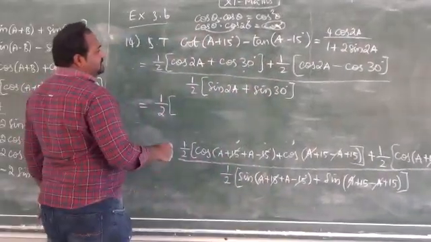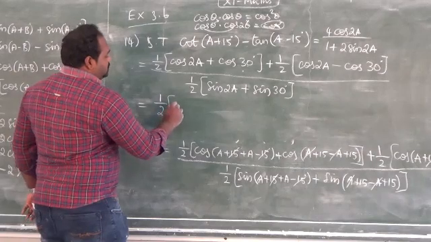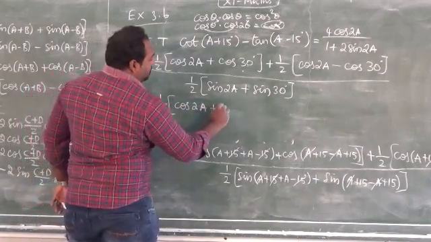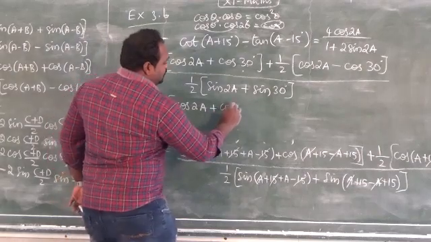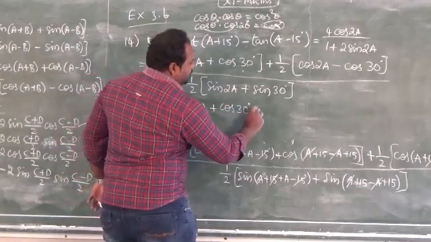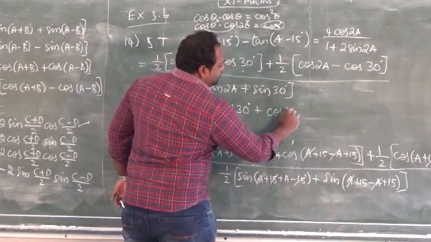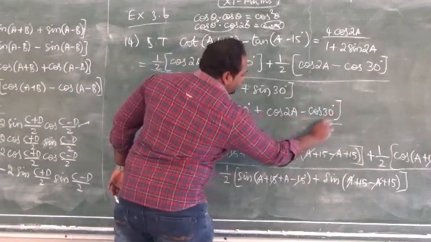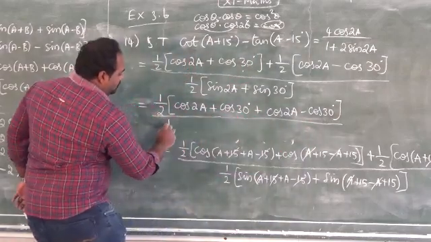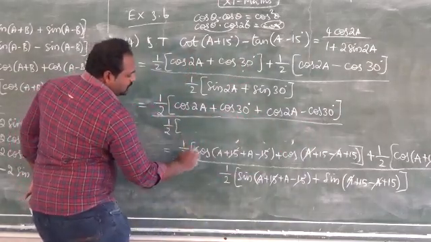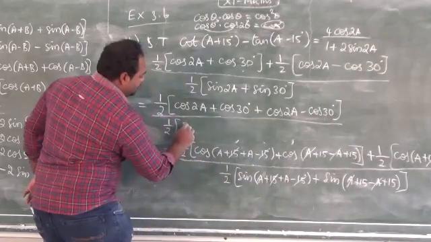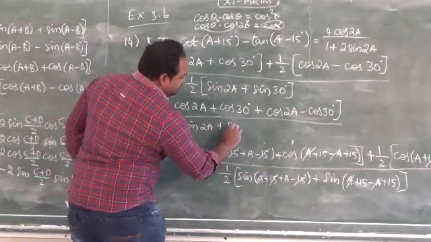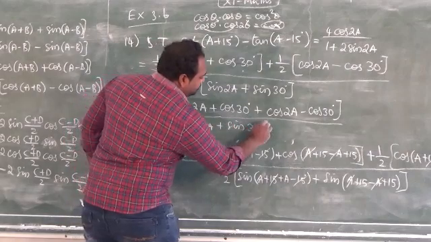If I take 1 by 2 commonly outside, 1 by 2 of cos 2a plus cos 30 degree plus cos 2a minus cos 30 degree, whole divided by 1 by 2 of sin 2a plus sin 30 degree.